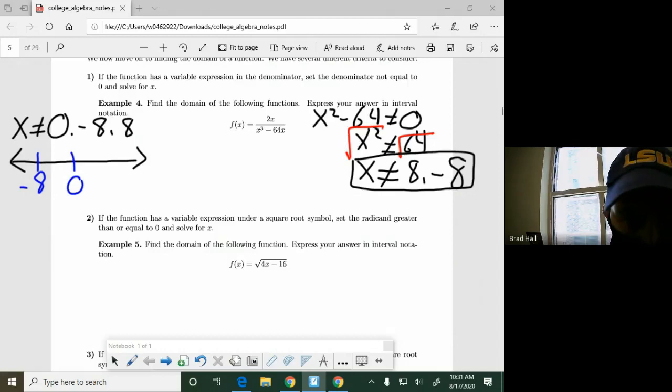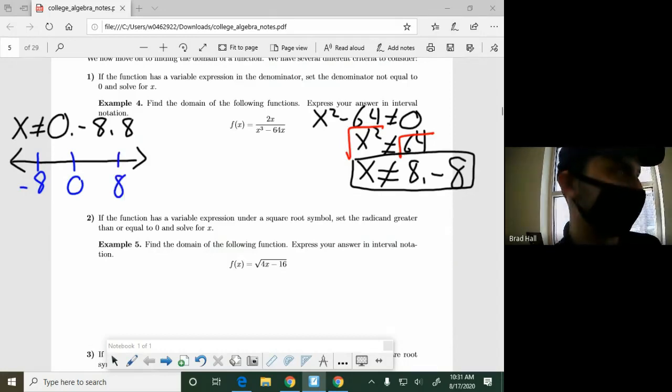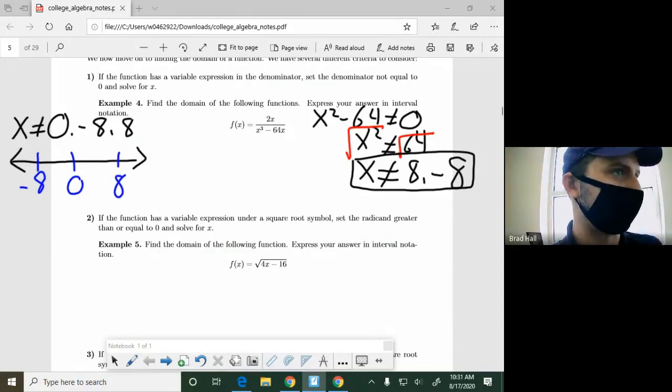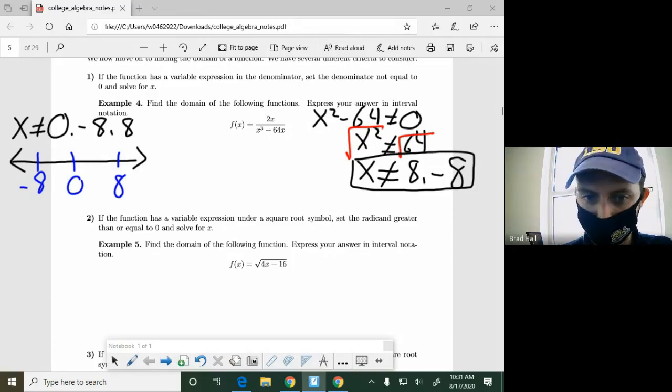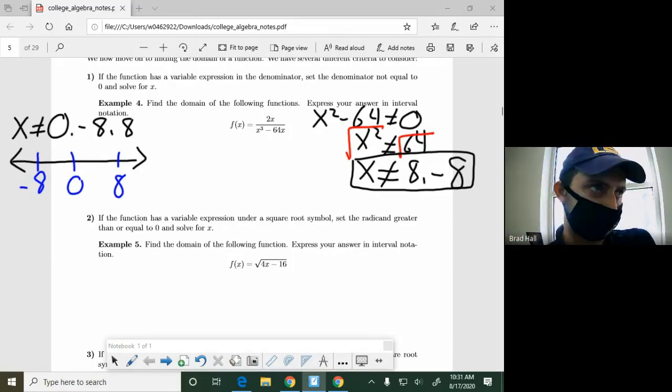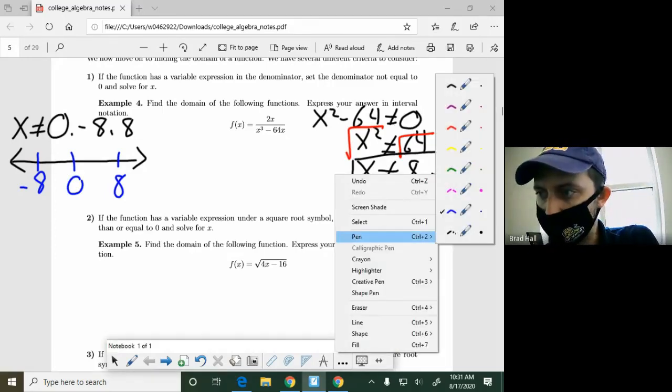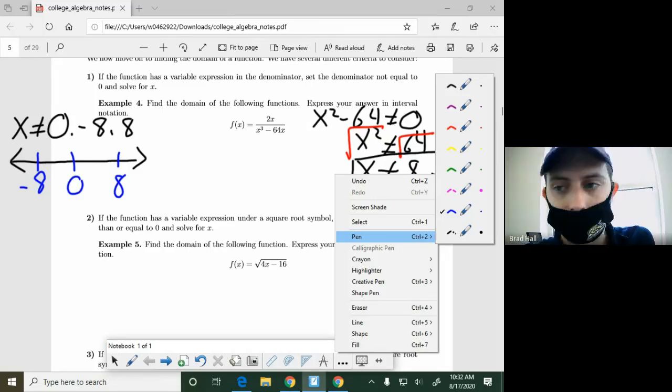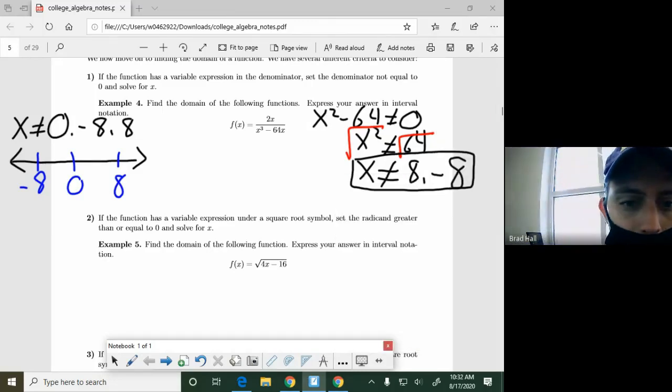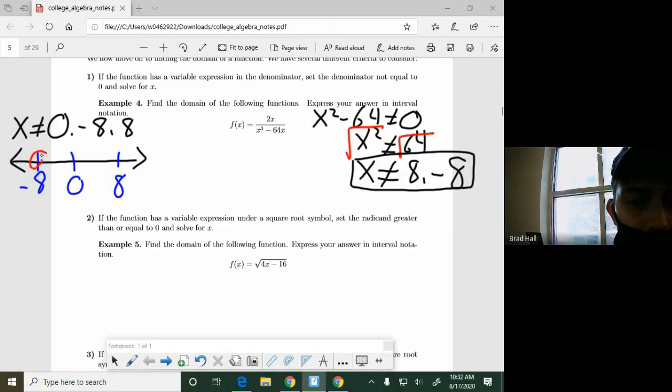I see 0. I see 8. I'm putting them in order because the number line is ordered. Are these numbers included in the interval or excluded? Because not equal. X is not equal to them. So I'm going to draw an open circle, open circle, open circle.